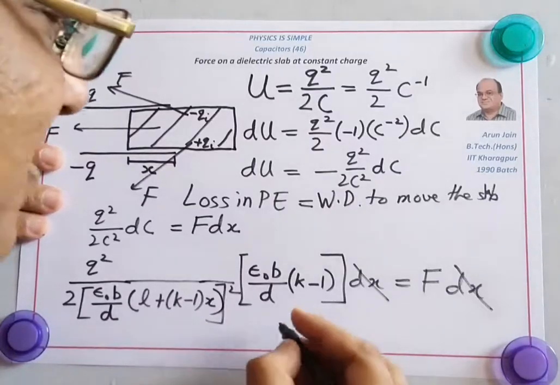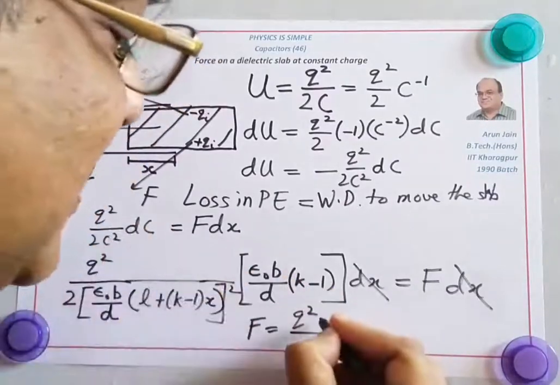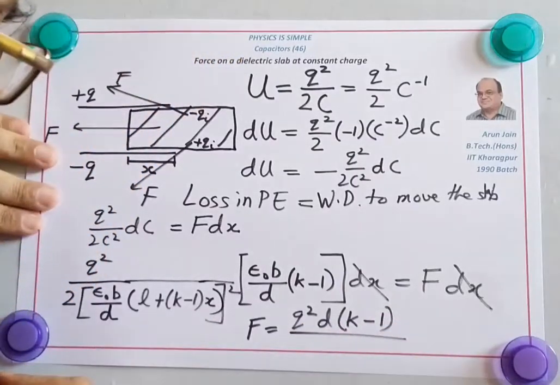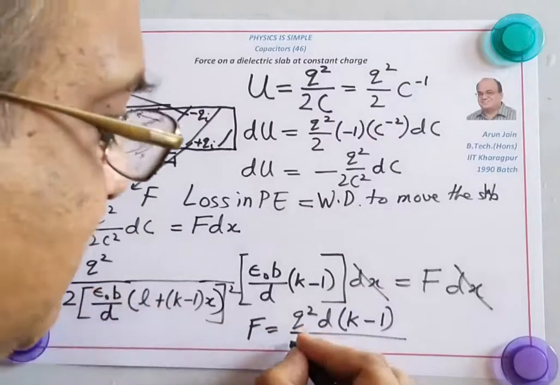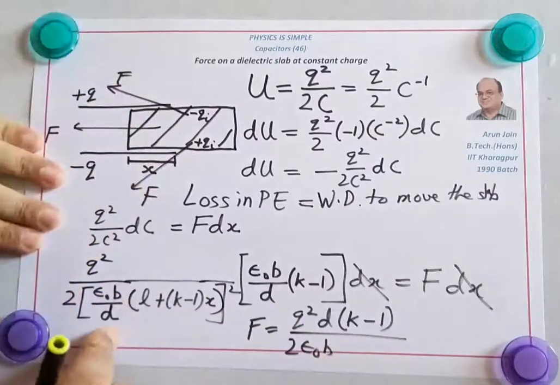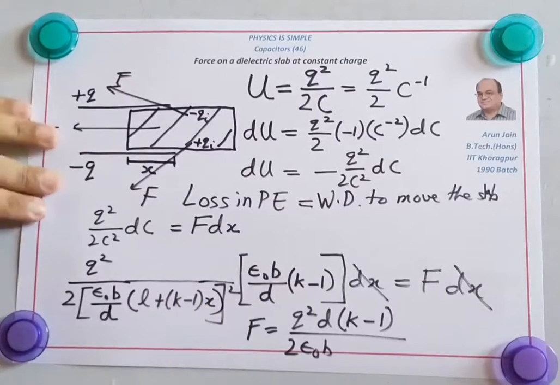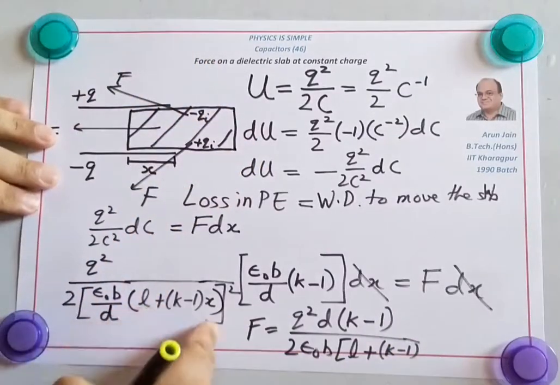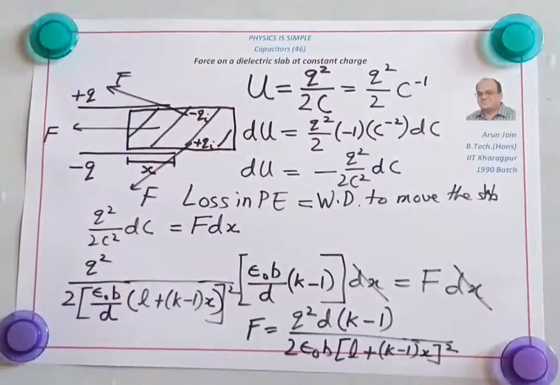So basically this force comes out to be Q square, this D that has gone up, this K minus 1 will remain, K is dielectric constant, and then we'll be left with 2 epsilon naught B here, and this thing will be still squared, so we'll get L plus K minus 1 into X whole square. So this derivation is as simple as that.